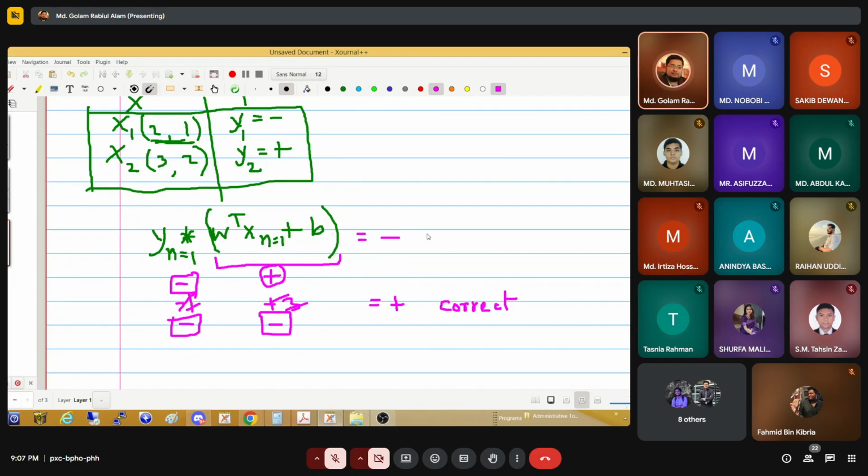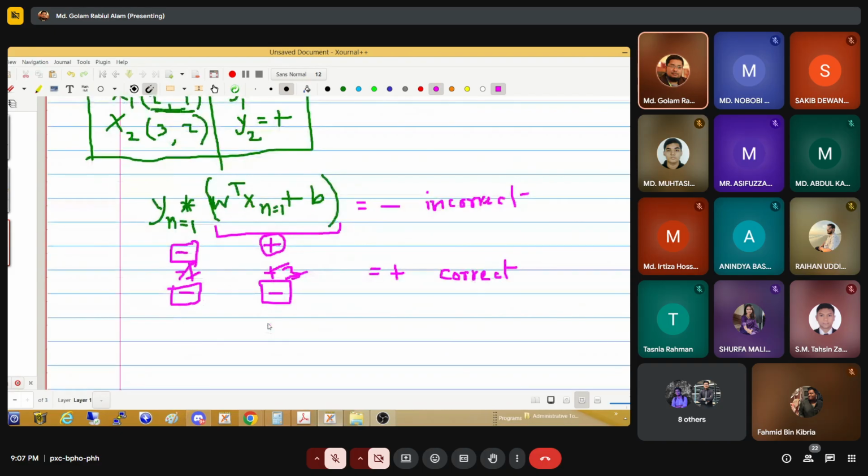And this was incorrect, misclassification. This one is correct. Similarly, our model said that this is positive, and originally this one is also positive. Then this is also correct.